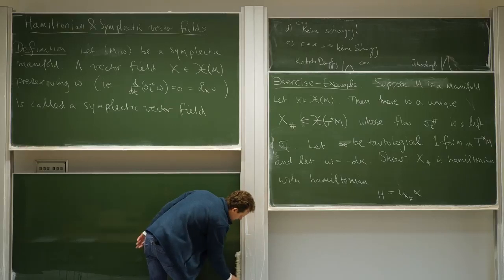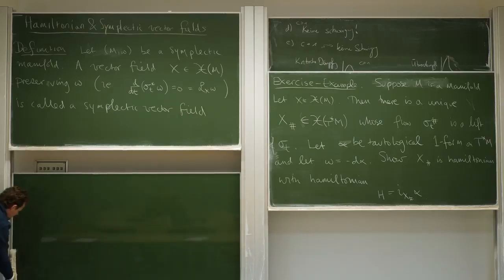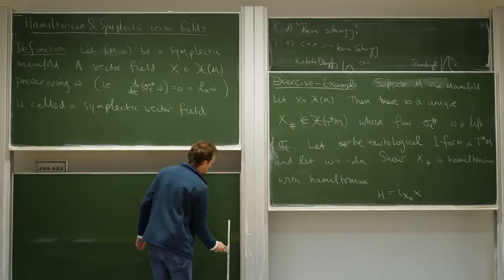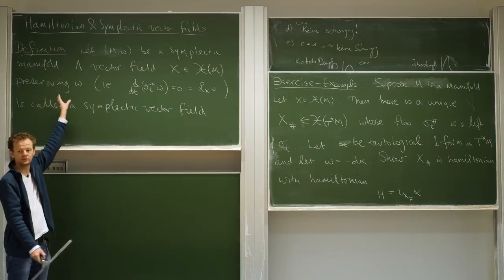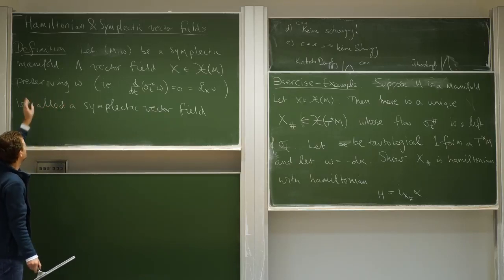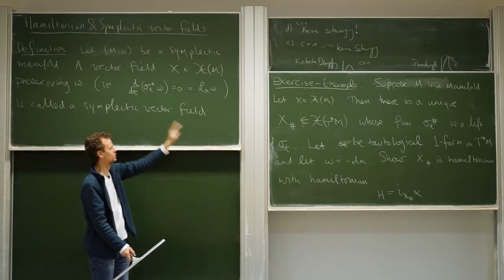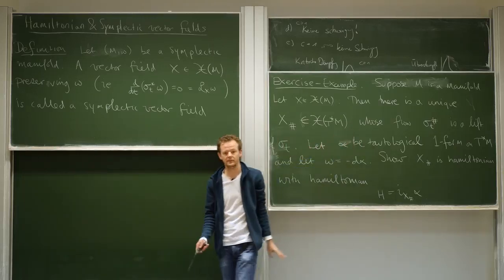And we also have this generalized notion of a symplectic vector field. So at this moment, it's sort of reasonable to wonder if symplectic vector fields are Hamiltonian vector fields. Maybe this definition was useless in the sense that whenever you have a symplectic vector field, it's automatically Hamiltonian. So this example here might even make you suspect that's the case.